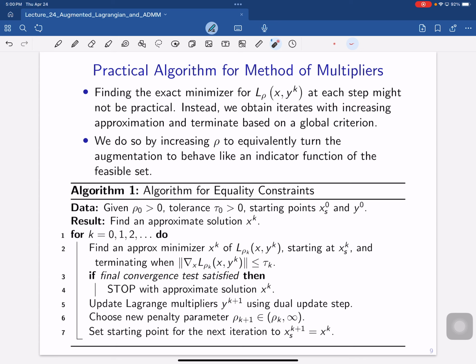But here in augmented Lagrangian, you can violate the constraint. As you increase rho, you will converge to the point where you do not violate the constraint. But you can think about both methods as some sort of penalty-based methods.